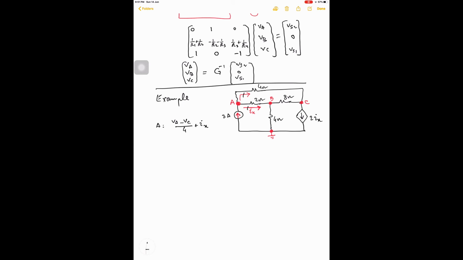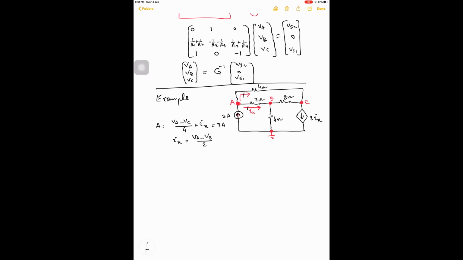So at this stage, write it as Ix equal to the current coming towards the node. This is 3 ampere. Now look at Ix. What is Ix? Ix is the current flowing from node A to node B through this 2 ohm resistance. So this is VA minus VB divided by 2 ohm.